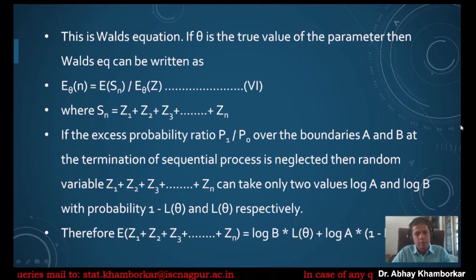If that excess is neglected, then the random variable z1 plus z2 up to so on zn can take only two values, that is log a and log b, with probability 1 minus L of theta and L of theta respectively, and therefore we can write the expectation of z1 plus z2 up to zn as log of b into L of theta plus log of a into 1 minus L of theta, where L of theta is nothing but the OC function of the SPRT.